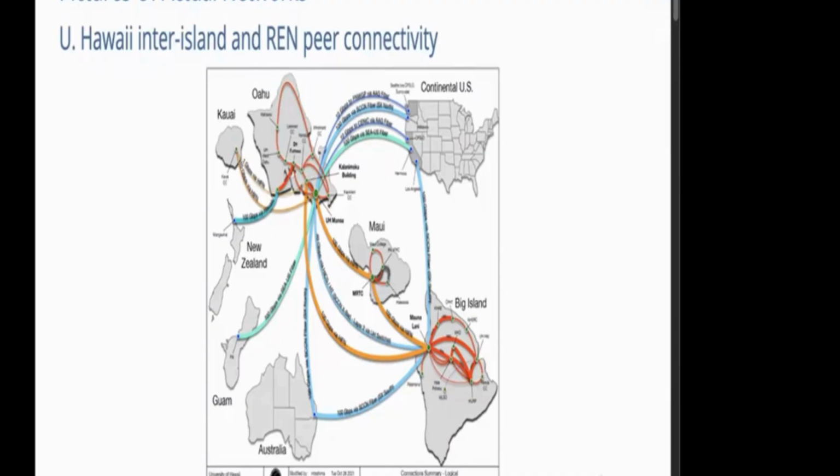It's a little hard to see on the size of my screen here, but we have 100 gig connections out to the continental US and to Australia. So we have 100 gig to Guam, New Zealand, and we have high-speed links between islands.